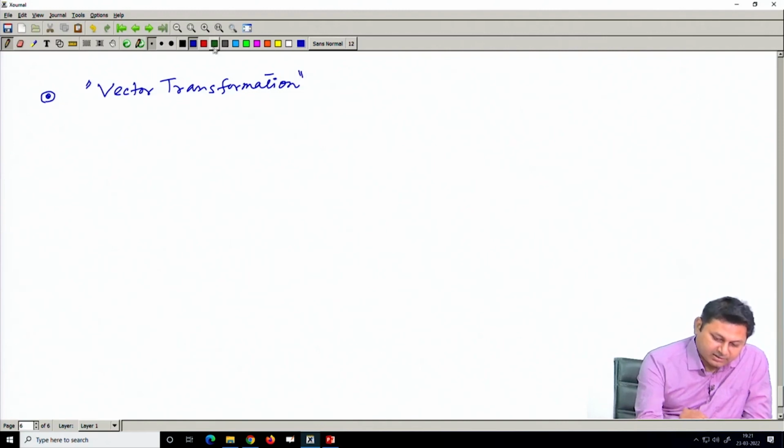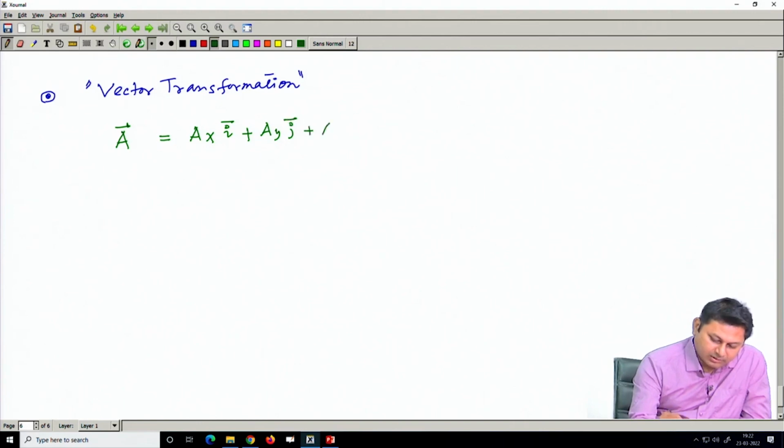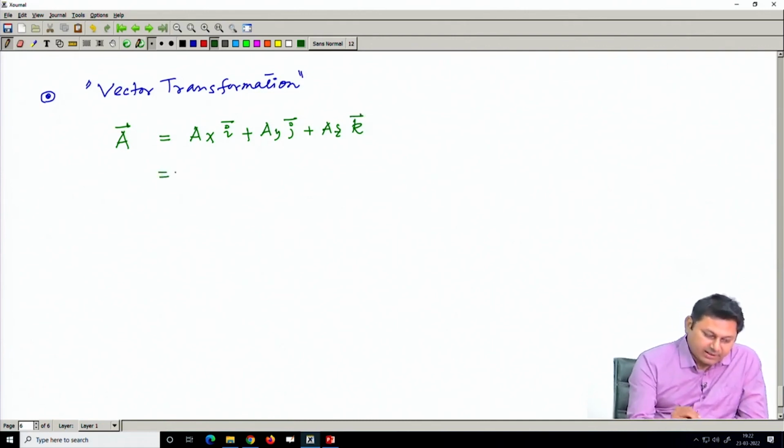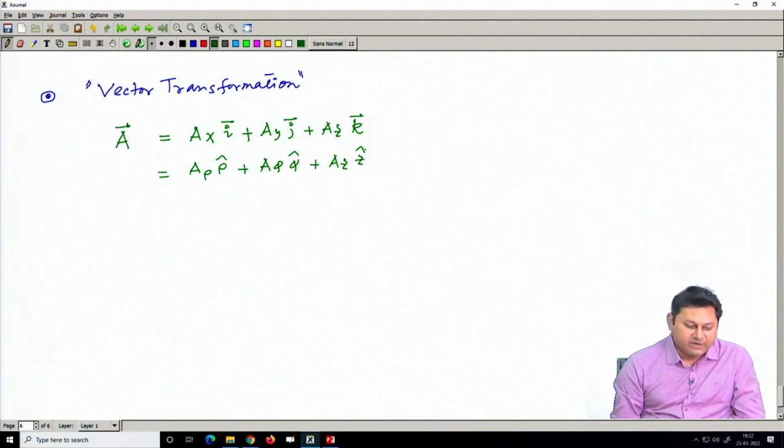The same vector A, which in the Cartesian coordinate system I write as A x i plus A y j plus A z k, I can also write in the cylindrical coordinate system as A rho rho unit vector plus A phi phi unit vector plus A z z unit vector. Mind it, I am defining the same vector in two coordinate systems.